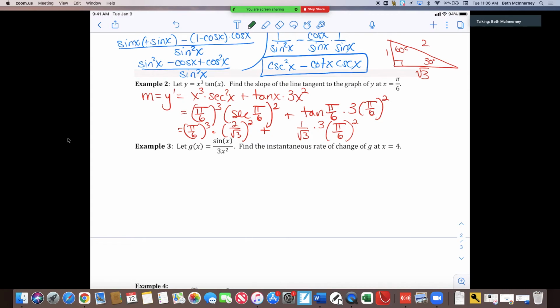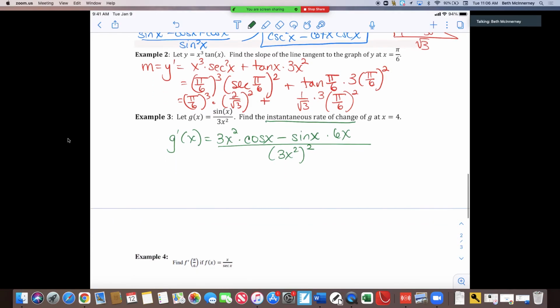All right, in example 3, find the instantaneous rate of change of g. What's another word for instantaneous rate of change? Derivative, right? It's the derivative. So we'll do, and again, we're not going to simplify this.